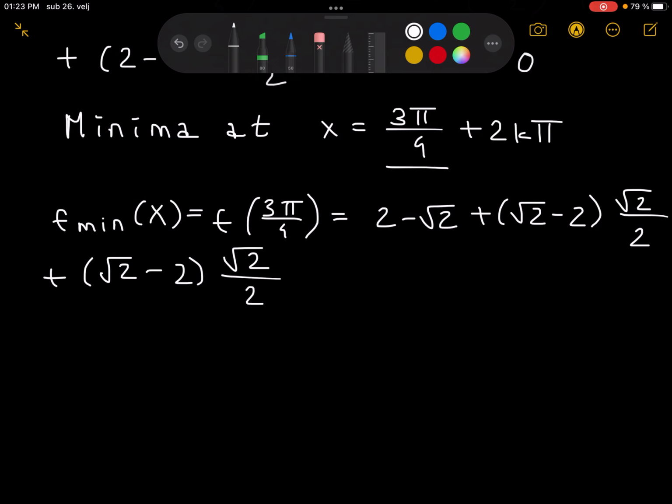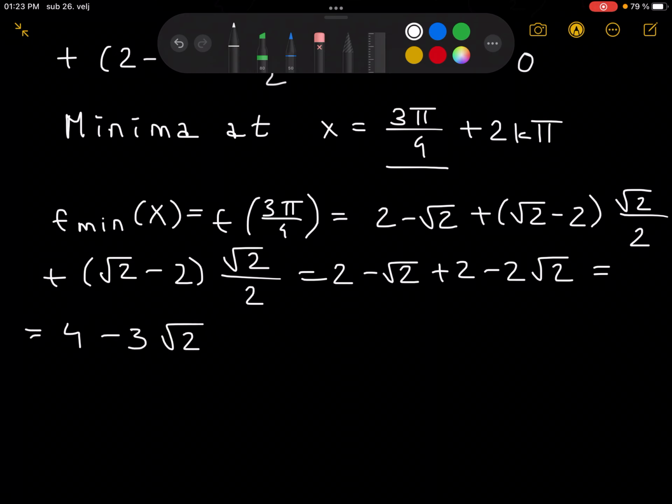and that is equal to 2 minus the square root of 2 plus 2 minus the square root of 2, and that is exactly equal to 4 minus 3 times the square root of 2, and that's approximately negative 0.243.